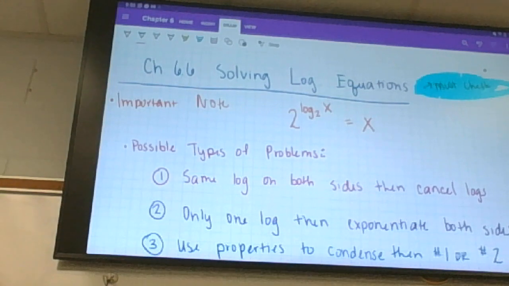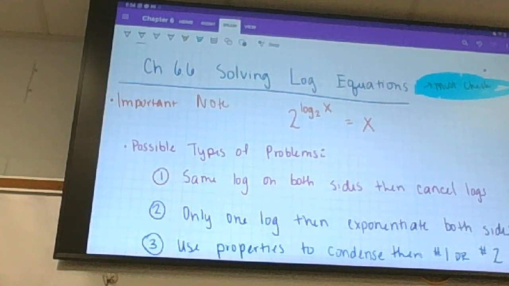What you do is you make a great big base and you turn them both into exponents. So I would write a huge 5, and these things become exponents. And then there's a canceling property here, and you would just have 2 equals 5 to the x.